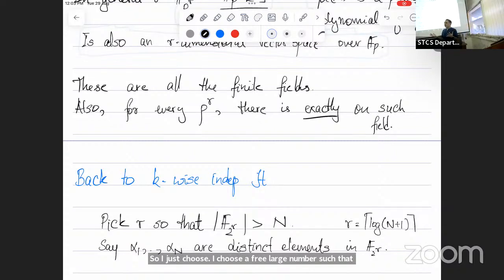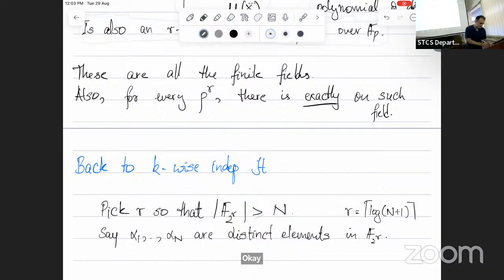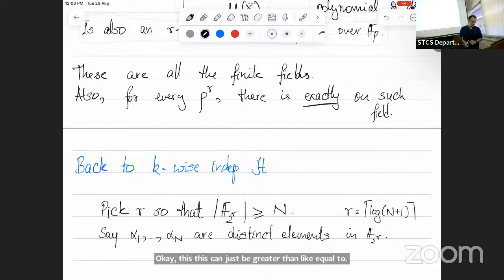There is one column for every field element. So let's just pick an r such that you have a field of size that is just a little bit larger than n. This can just be greater than or equal to. In that case, maybe ceiling of log n is sufficient. There's no +1 needed, but I'm just putting it in.